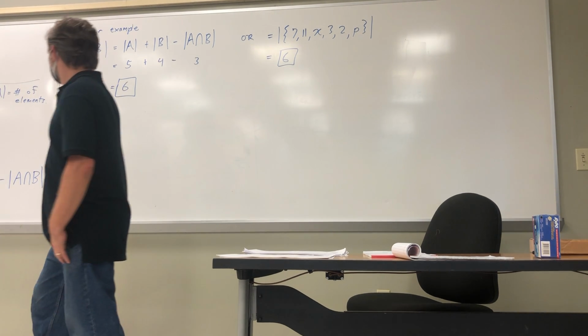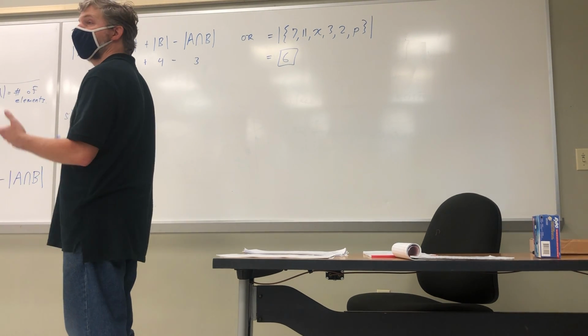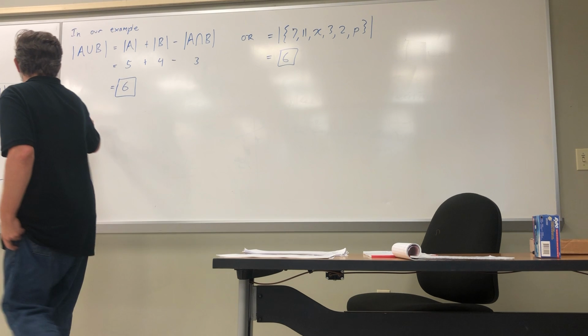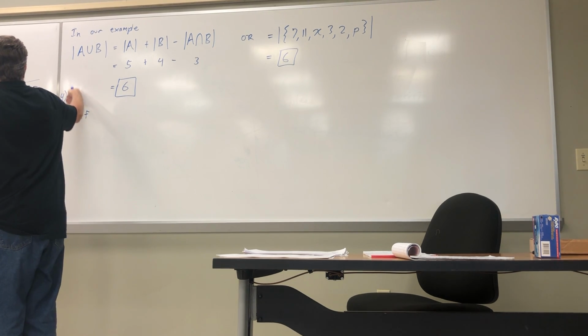So there is a shorter version of that. It's pretty nice if there's no intersection, like no overlap. So you say 4 implies 5 here. Put the arrow pointing down 5. 4 implies 5.